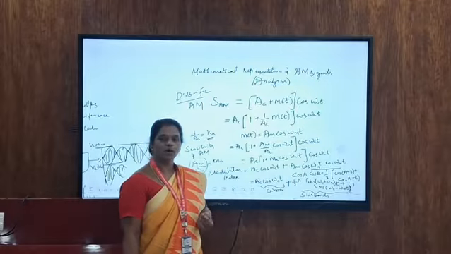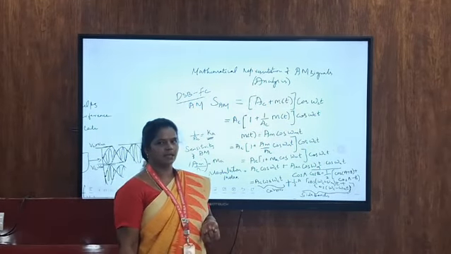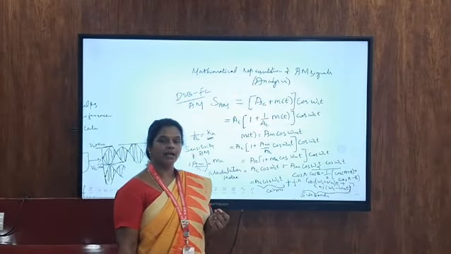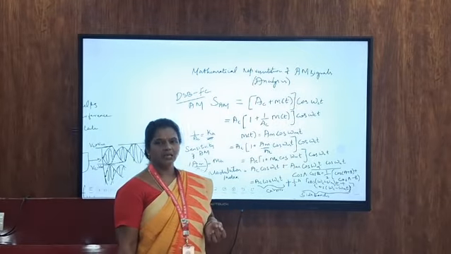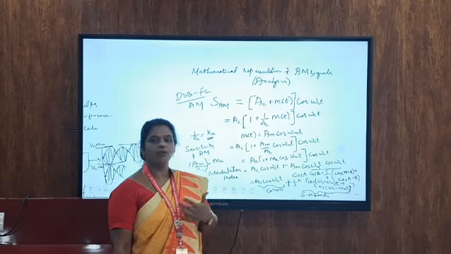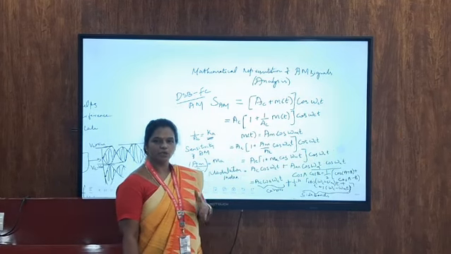We also have one more method of modulation called vestigial sideband, where one sideband is partially depleted and the other sideband is fully acquired for the transmission of signals from transmitter to receiver.